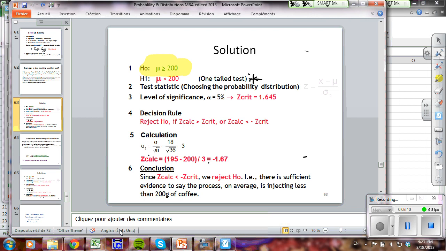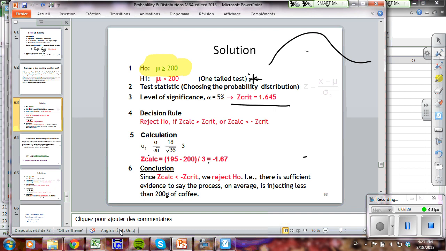That means the z-critical is 1.645. If you go back to the z table that's earlier in the slides, you can see the point where you have 45% of the data between that point and the mean is 1.645.